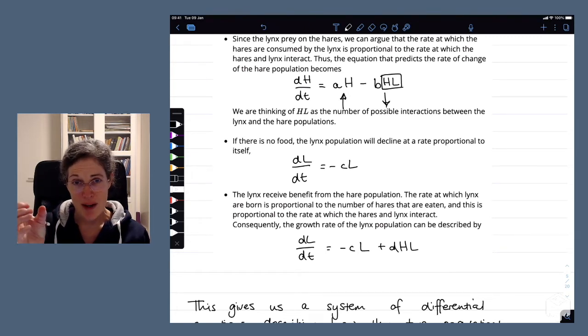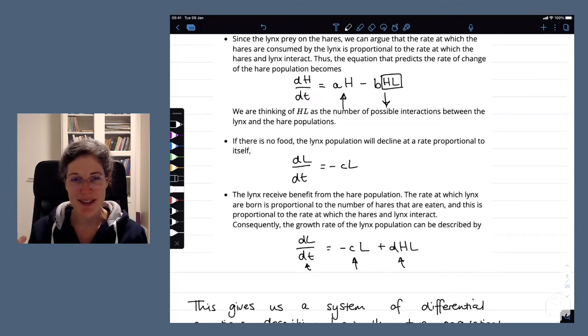So again, we have a kind of conservation thing going on here. The rate of change of our lynx population is given by the lynxes leaving the population, plus the lynxes adding into the population. So you'll find that this comes up a lot in modeling, thinking about things in terms of conservation law.